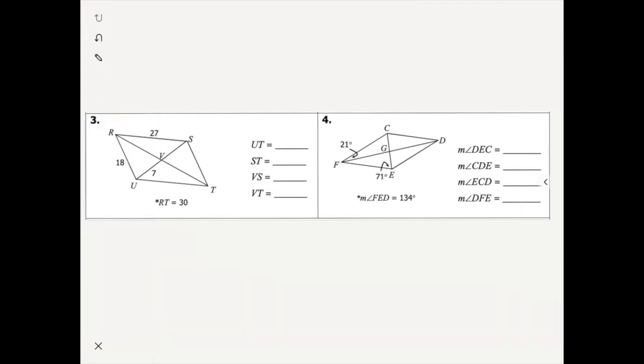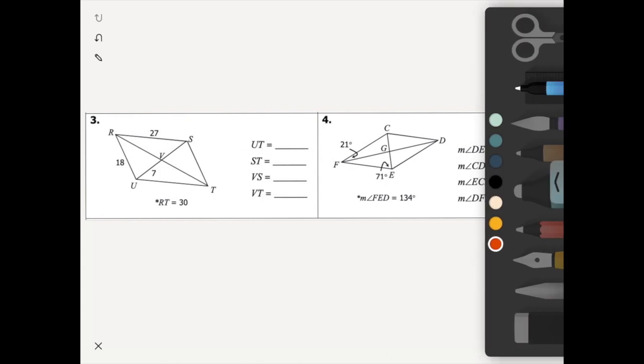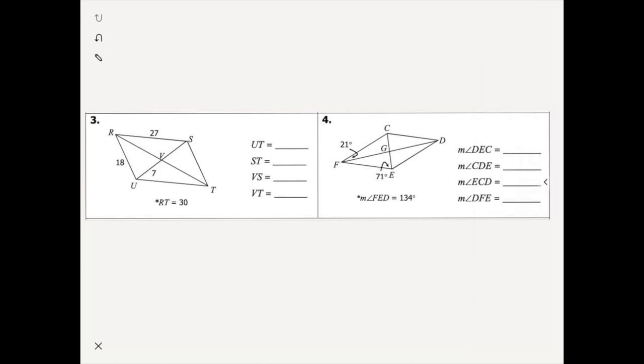So number 3, we have a diagram. We have another parallelogram, but this time we can clearly see that the diagonals are bisecting each other. We know that RT is 30. And they gave us that RU is 18.